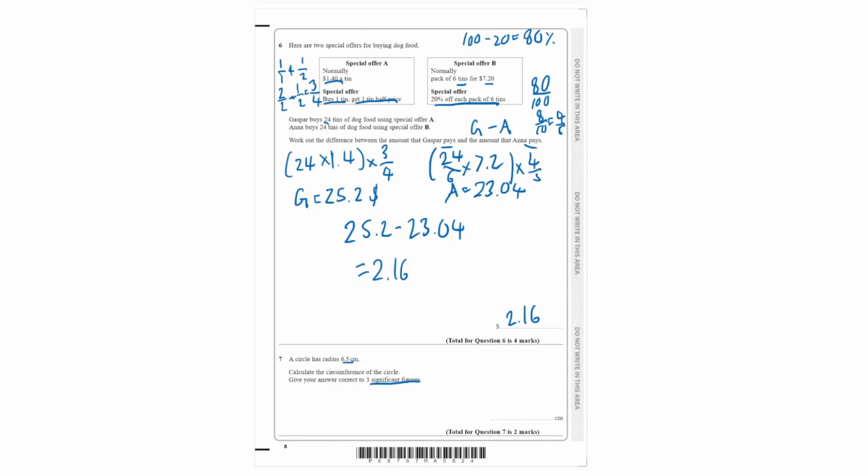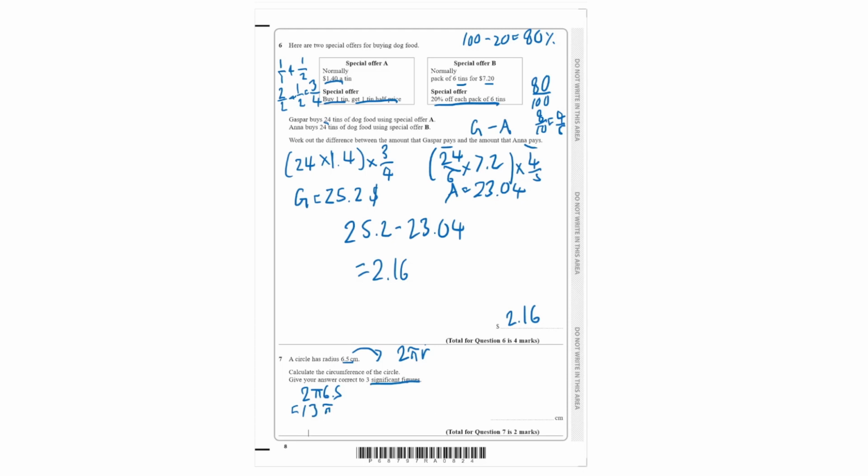So we know that the formula for circumference is 2 pi r. And we can actually put radius in to find our answer. So we have 2 pi 6.5. We can simplify this. 2 times 6.5 is 13. So our answer is 13 pi.